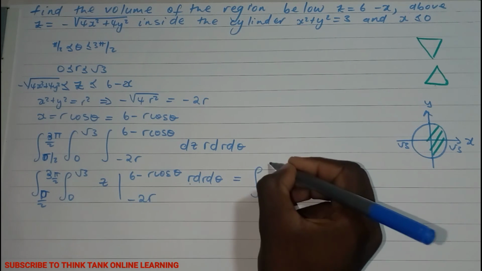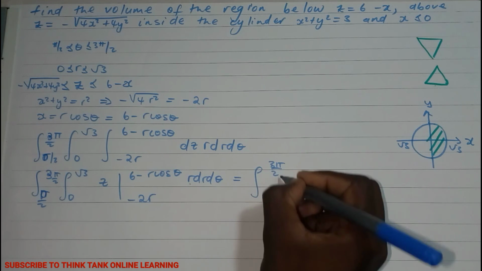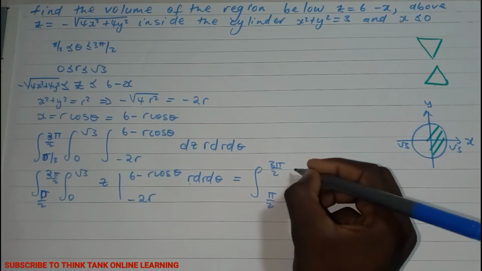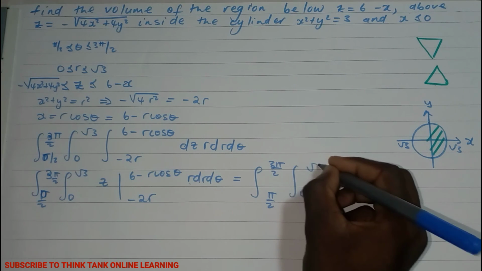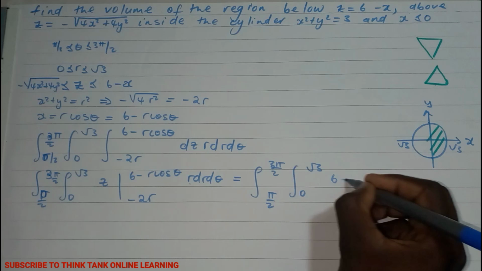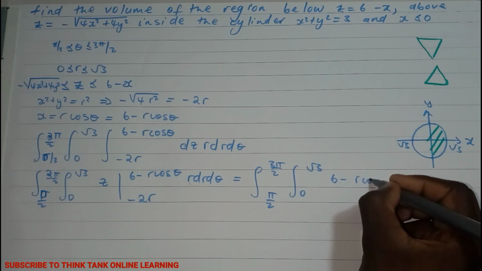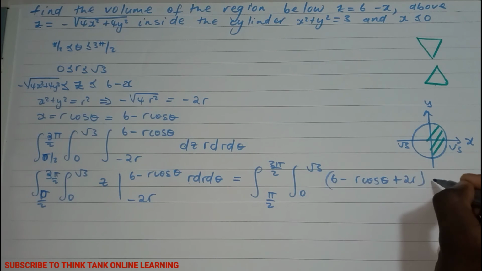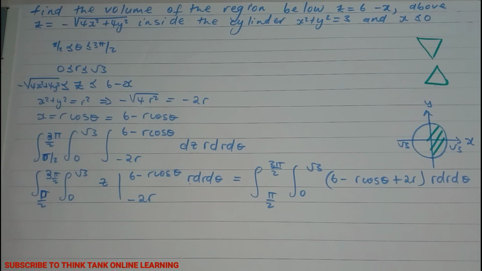Upper bound minus lower bound is 6 minus r cos theta plus 2r, times r.